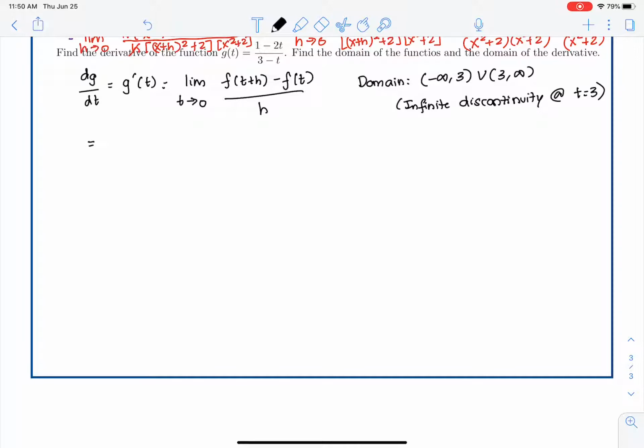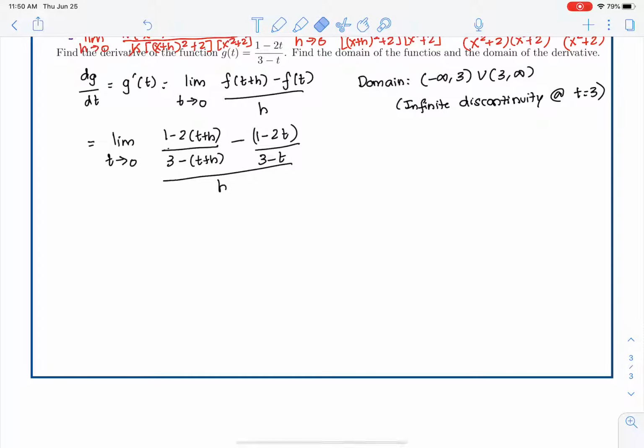So we have limit as t approaches 0, 1 minus 2 times t plus h divided by 3 minus t plus h, minus 1 minus 2t divided by 3 minus t, entire thing divided by h.